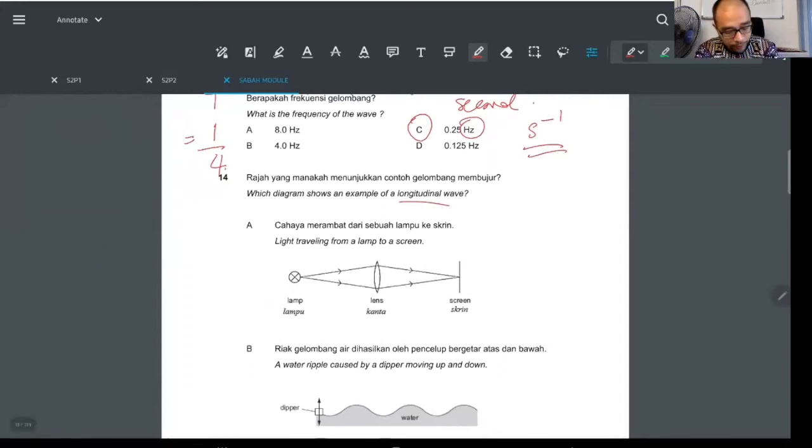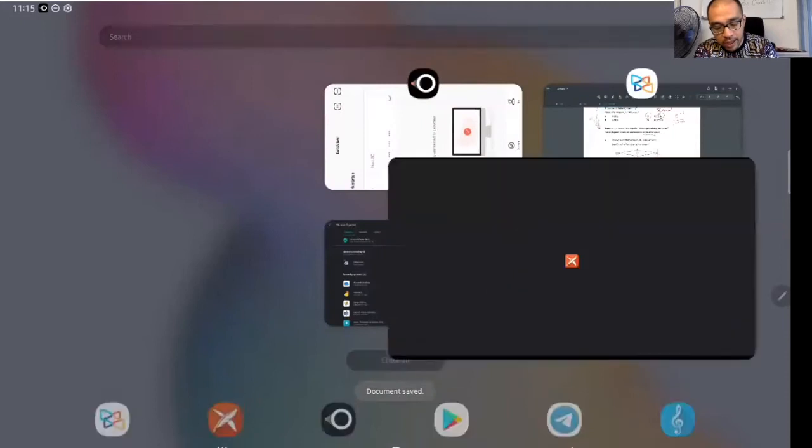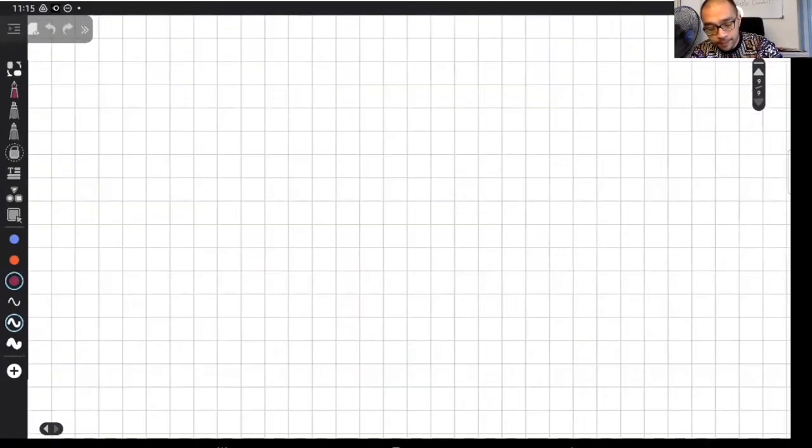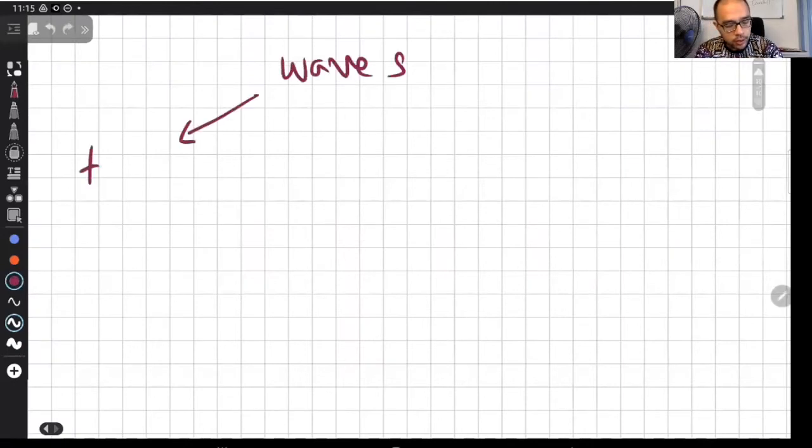Which diagram shows an example of a longitudinal wave? Let's talk about the definition of longitudinal and transverse waves. Waves have two types: one is transverse and one is longitudinal.